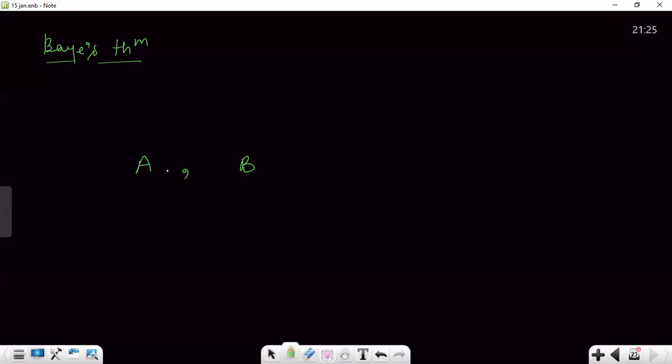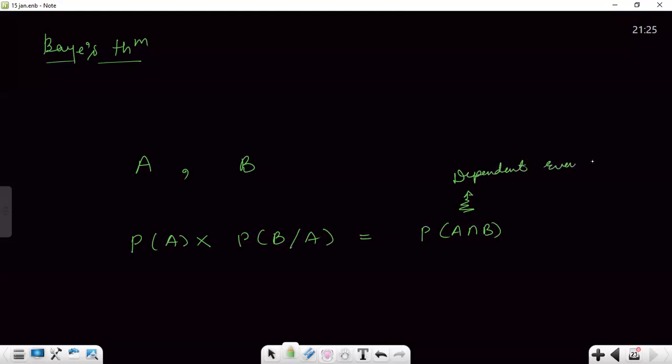So we had to find the collective probability earlier. So what we used to do: probability of A into probability of event B, given that A has happened. This is the probability that A and B, both of them are happening, where A and B are dependent events. So similarly, we are going to discuss dependent events, but not only in the set of two, more sets. For that, we require Bayes theorem.